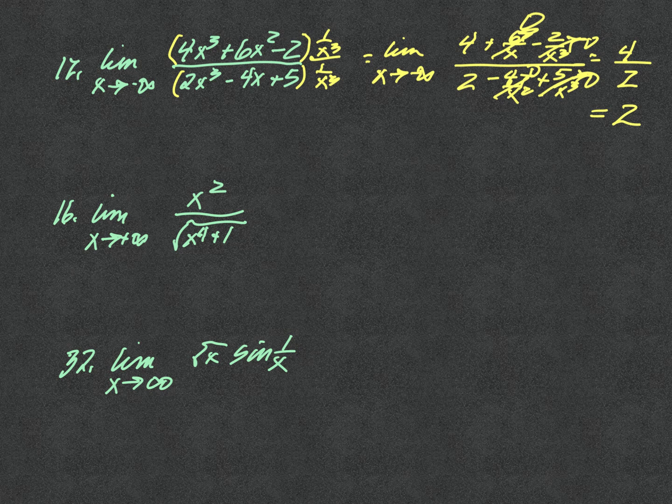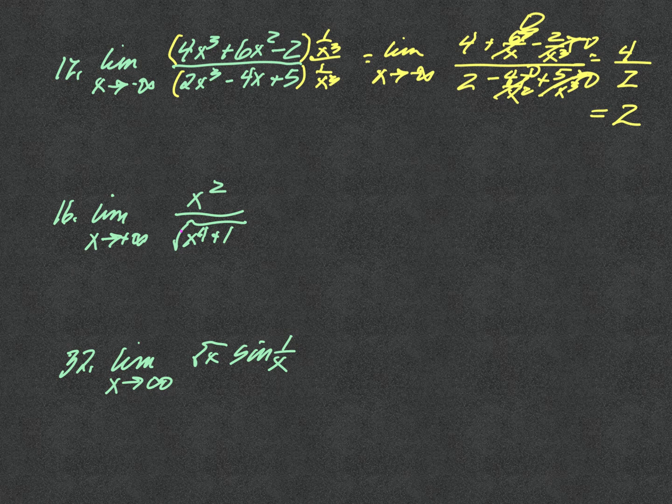Okay? And then we go to the next problem, number 16. Number 16 is the limit as x goes to infinity of x squared over the square root of x to the fourth plus 1. So when you have square roots, you might have to be a little more clever. And so you go, what's the largest exponent? Well, you say the x to the fourth, but then it's inside a square root.